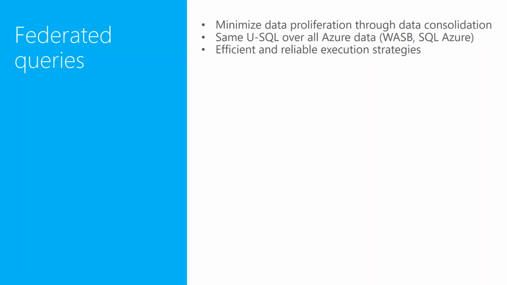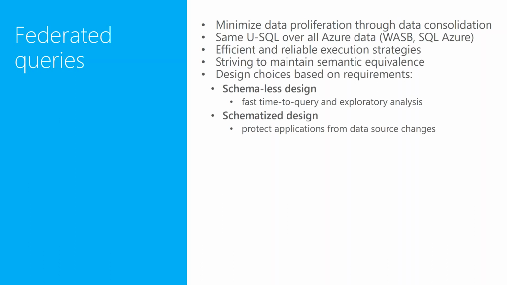And we will be giving you efficient and reliable execution strategies using our framework that we use for executing U-SQL. And we are trying to be as close to the semantic equivalence in those heterogeneous data type environments as possible, and give you the option of basically choosing whether the predicate is remoted or whether it's being executed locally.